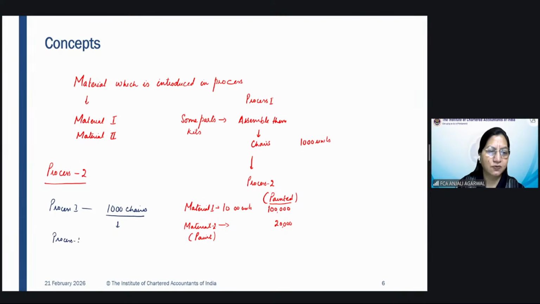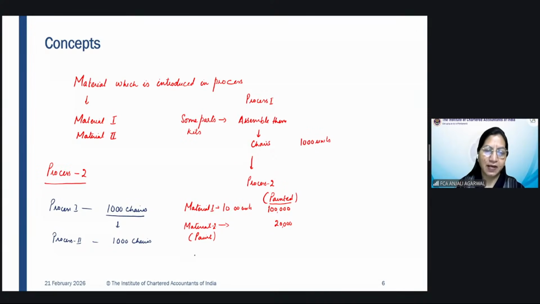Process two's job is to paint these 1,000 chairs. Now, when you buy paint, paint is also a material. So you will be given that the material cost in process two is another 3,000, 5,000, 20,000 rupees.